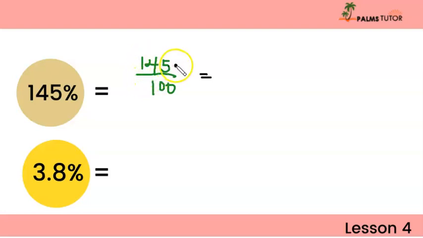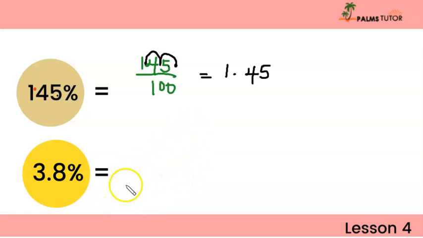You see that? 1.45. So 145% is actually 1.45 as a decimal. Move your decimal point, or simply count 2 places backward, 1, 2, and leave your decimal here.